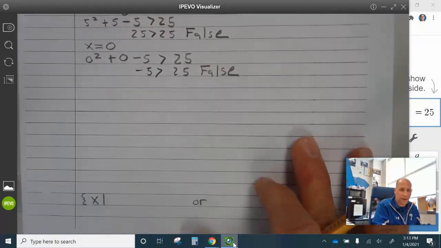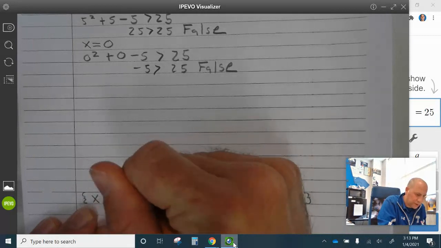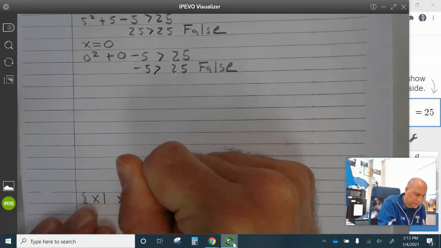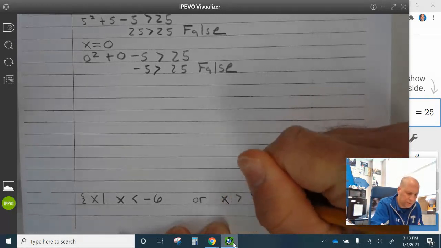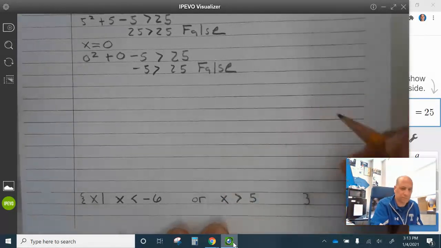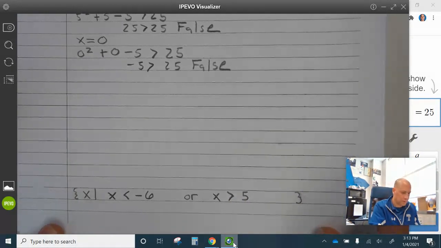So we have x such that x is less than -6 or x is greater than 5. Okay, go ahead and finish up example 1.